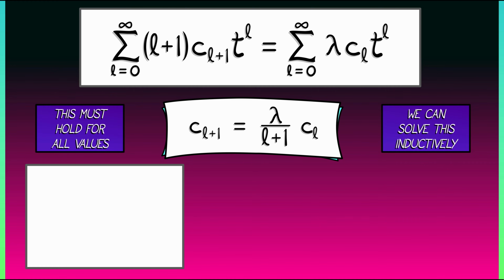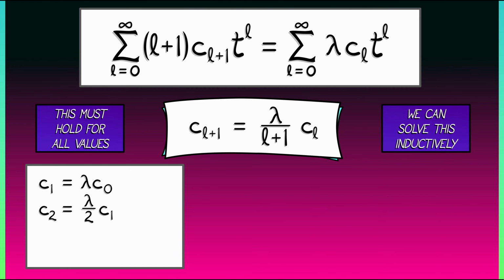We've got our first coefficient c_0 when L equals 0. From that, I can figure out c_1 equals lambda divided by 0 plus 1 times c_0. So if I know c_0, I know c_1. What's c_2? Well, by that formula, c_2 equals lambda divided by 1 plus 1, that's 2, times c_1.